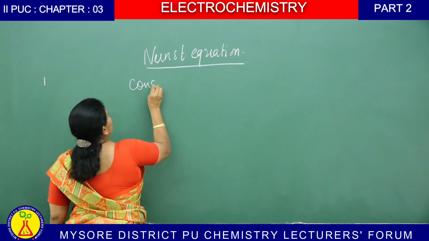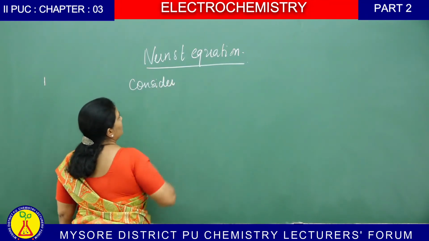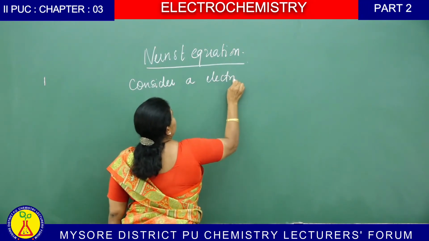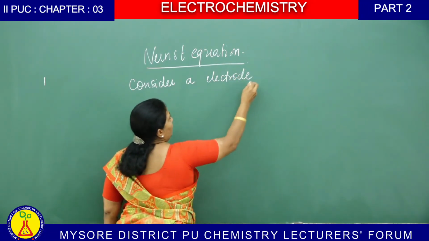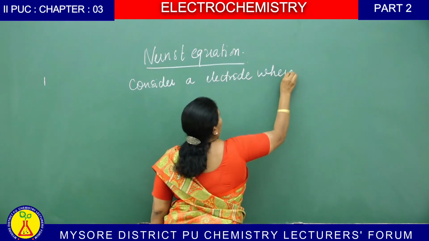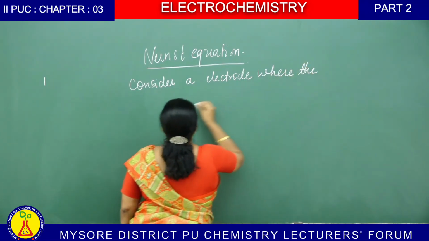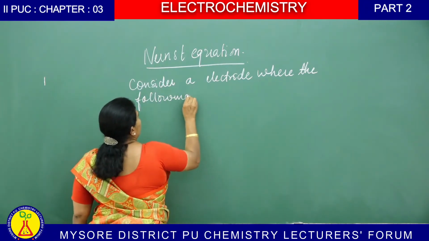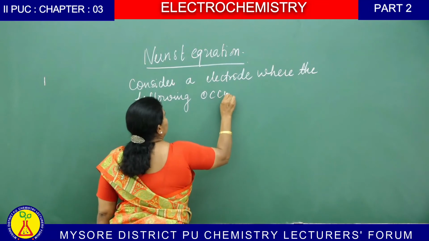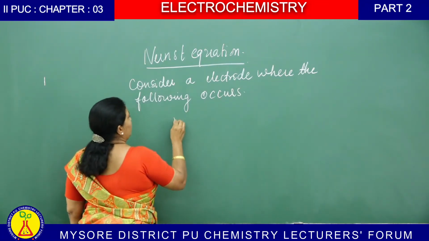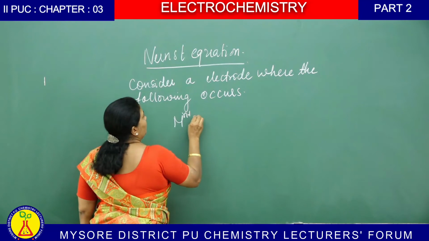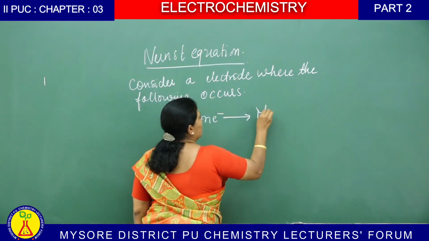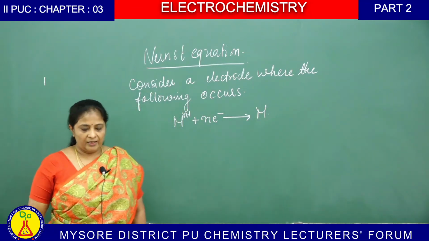Consider an electrode where the following reaction occurs: Mn+ + ne- giving metal M. This is a general equation.